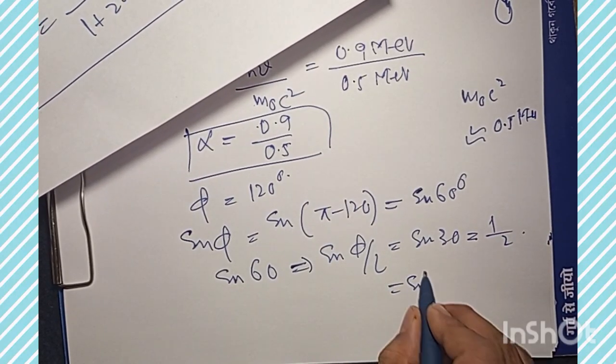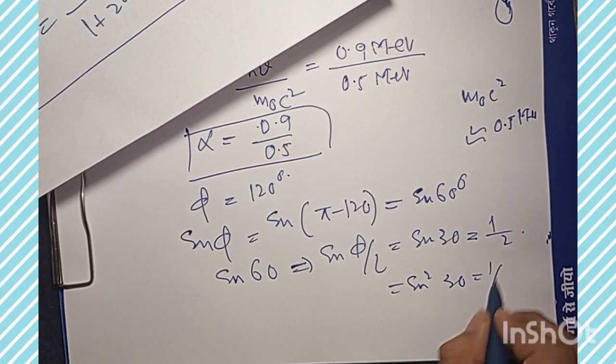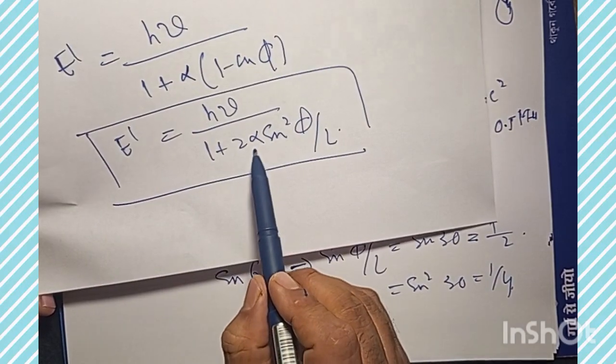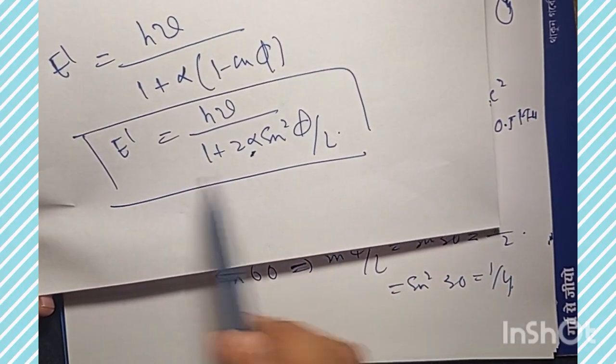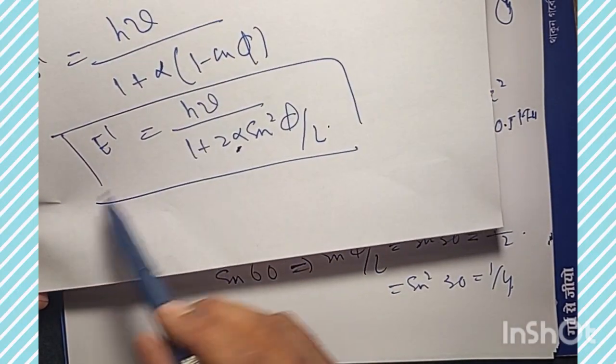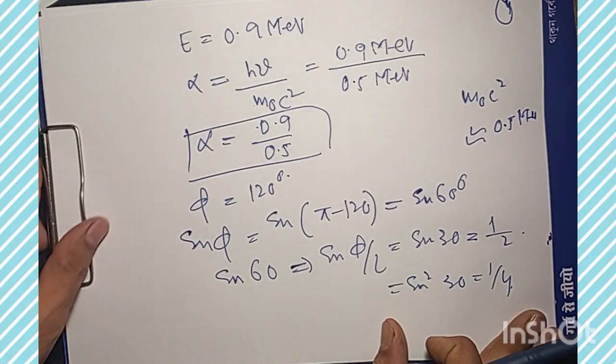So sine square of 30 will be 1 by 4. We use the values for alpha and sine square phi by 2 and 0.9 mega electron volts, and that will give us the energy of the scattered photon.